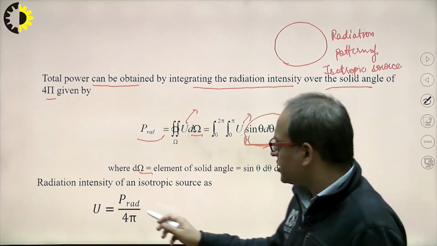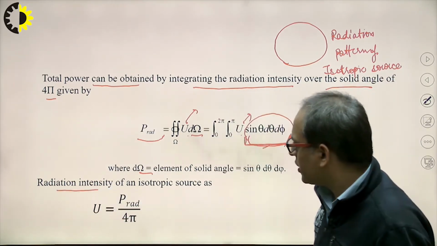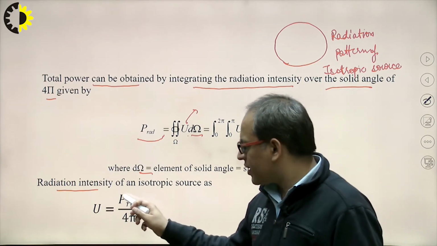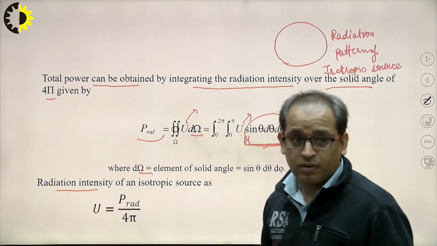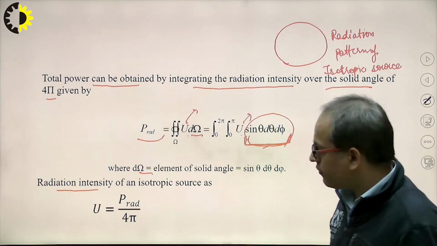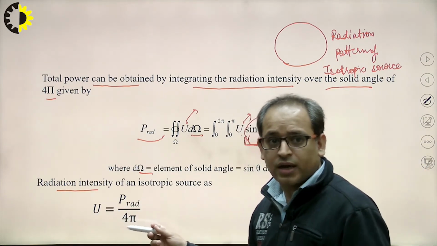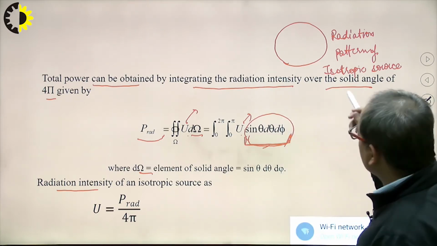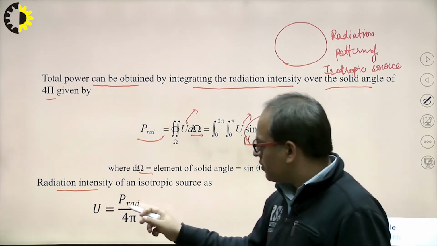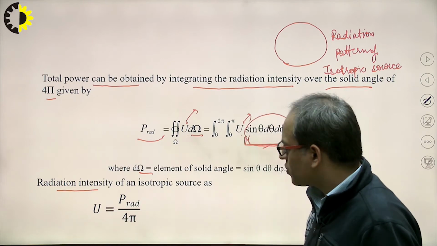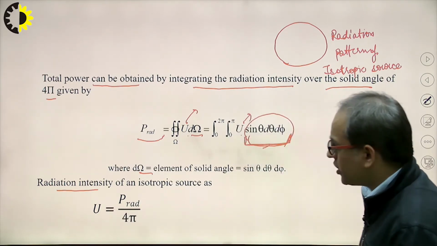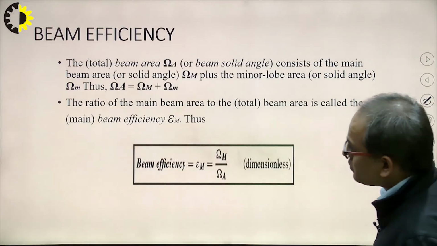The radiation intensity of an isotropic source will be the total power radiated divided by 4 pi. Why? Because radiation intensity is power radiated per unit solid angle, and there are 4 pi solid angles in a sphere. So the power radiated divided by 4 pi is the radiation intensity of an isotropic source.